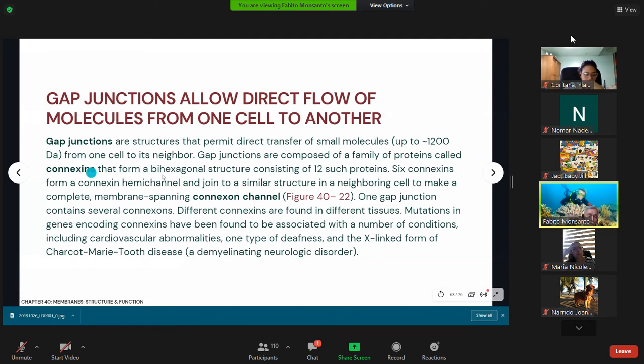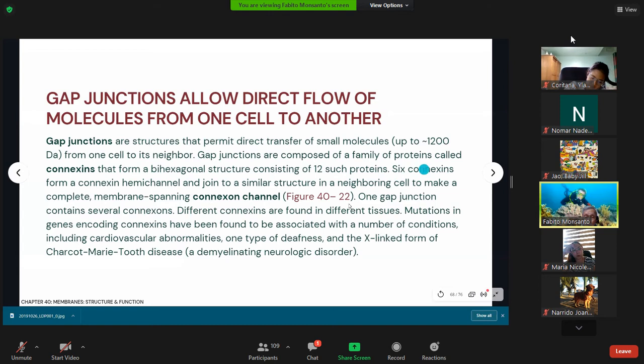And these gap junctions are formed by connexins forming a bihexagonal structure. Bi meaning two hexagonal structures. So there are 12 structures, and those structures are proteins. So 6 connexins from one cell and 6 from the other cell. Okay? And then they form the pipe that I was telling you.